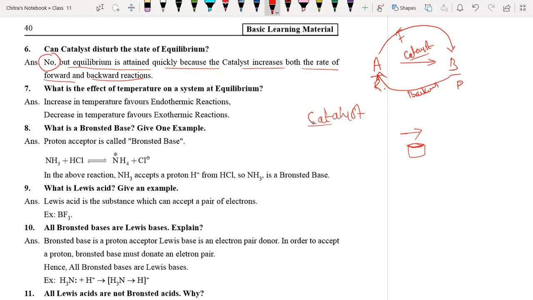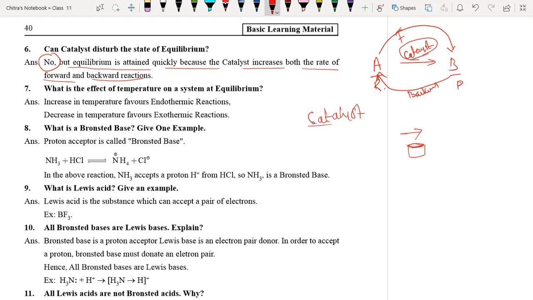So the catalyst will have no effect on the equilibrium constant, because it increases the rate of both reactions equally.